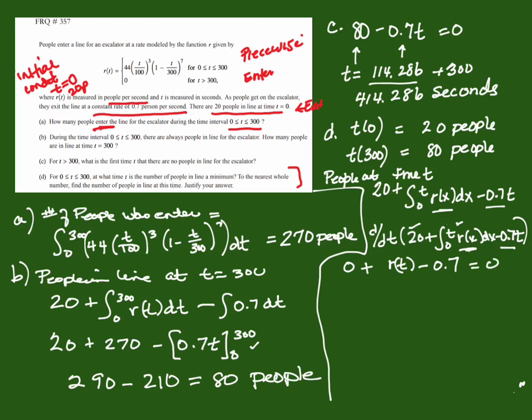So when is r of t equal to 0.7? We use this function in the calculator, and I used the solve feature to solve r of t equal to 0.7, so make sure you can use solve on your calculator.